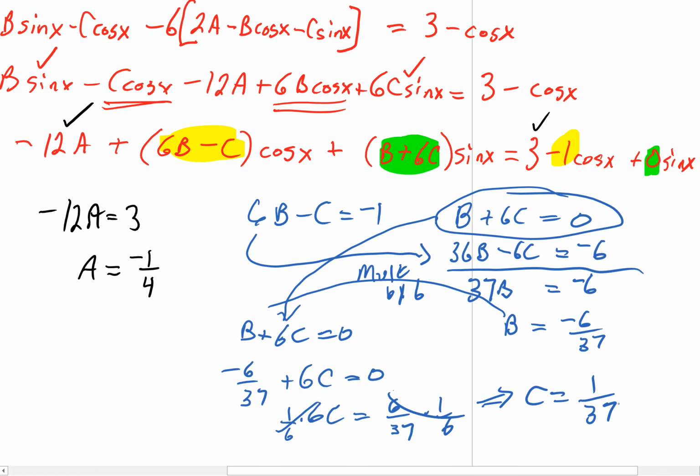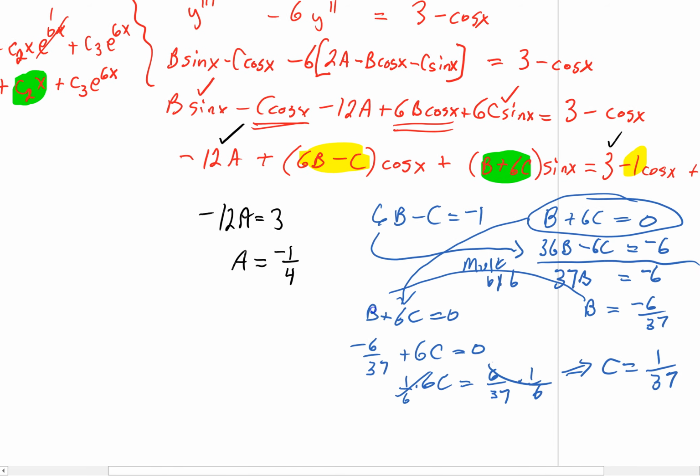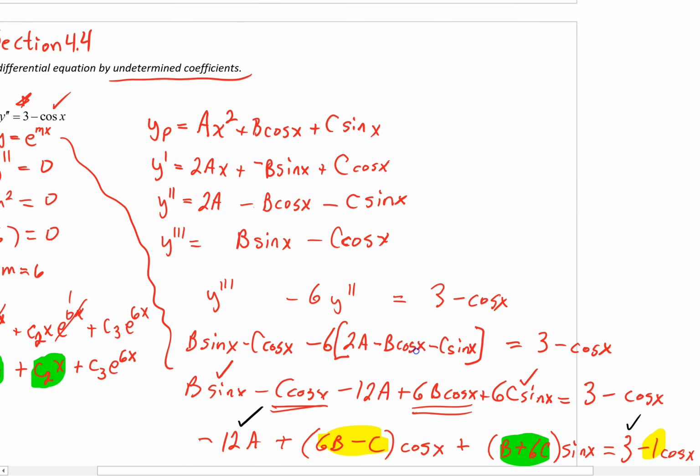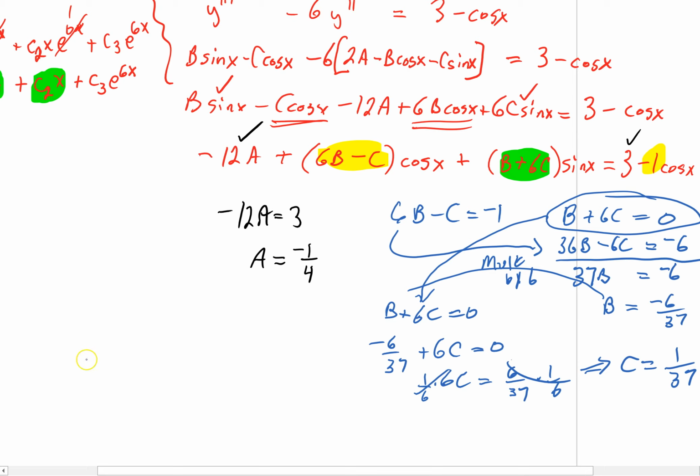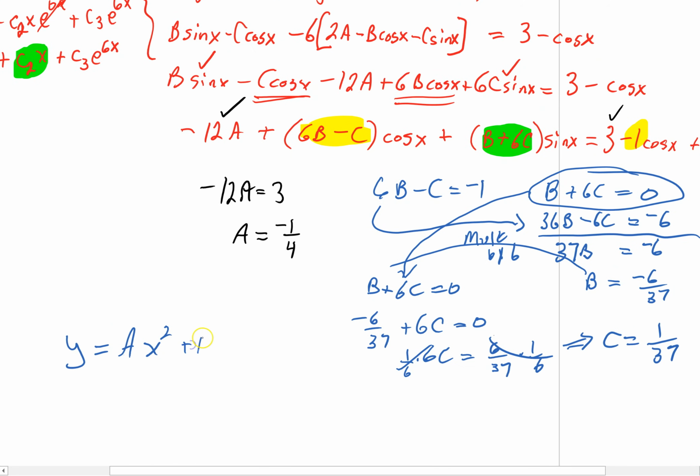So here's the nice thing that we just figured out. I'm going to make this a little bit smaller. We assumed earlier that y was equal to ax squared, right? We had ax squared plus b cosine of x plus c sine of x for our particular solution. Well, what's that particular solution really going to be? A is -1/4 x squared. Your b you just found was -6 over 37.